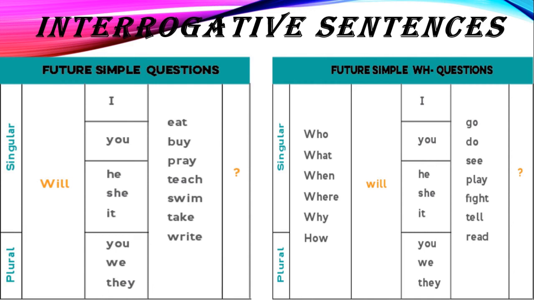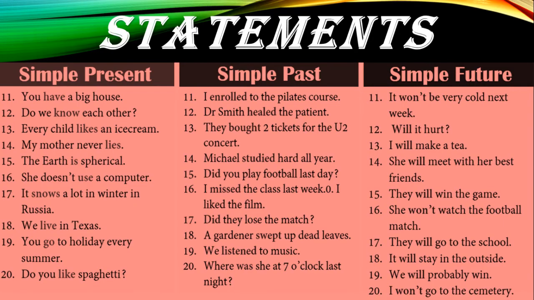Here you can see interrogative sentences, yes or no type questions and WH questions. You can use the given question words and the subjects, and some verbs are also given there. You can make questions of your own. Here you can see positive, negative and interrogative sentences in simple present, simple past and simple future.